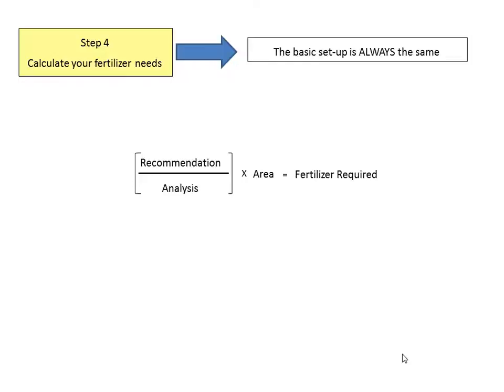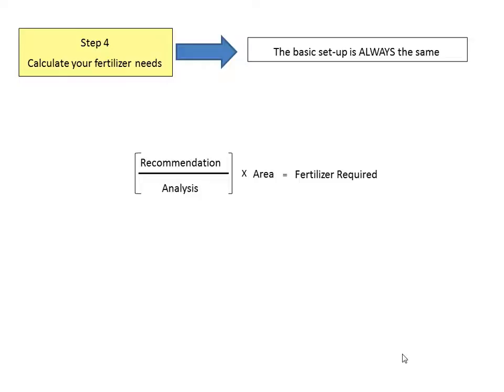So the basic setup is always the same. There's a recommendation, there's an analysis, there's the area, and there's the fertilizer that's going to be required. So if you want to just do 6th grade, find the numbers, plug them in, turn the crank, get out a number, that's fine. If you want to do dimensional analysis and see how the units cancel out, that's great. Maybe ask your junior high school kid if you have trouble there.